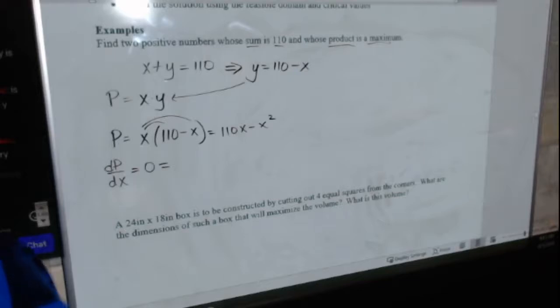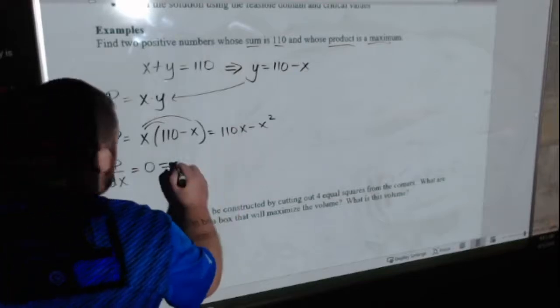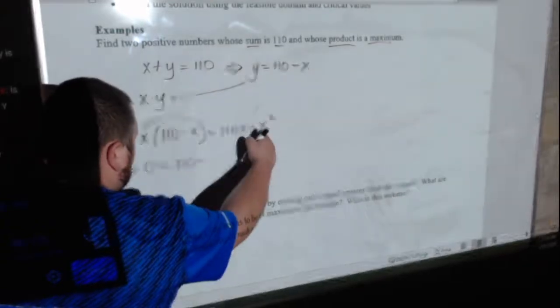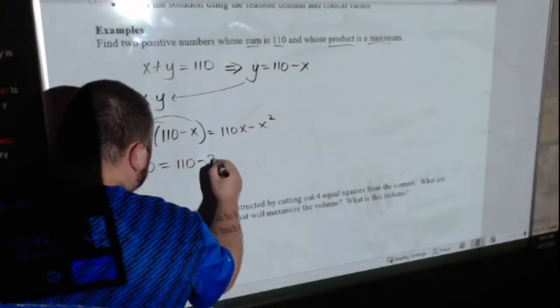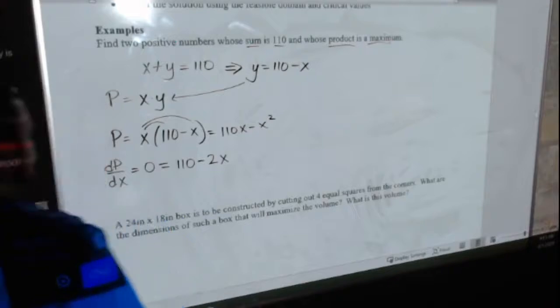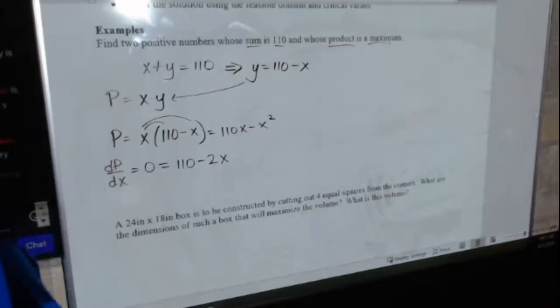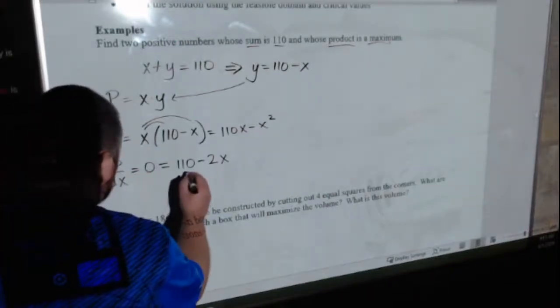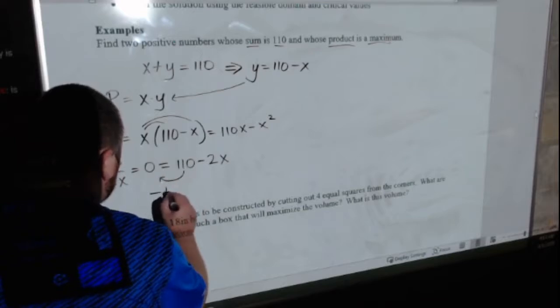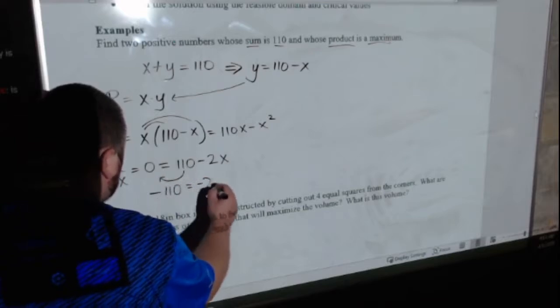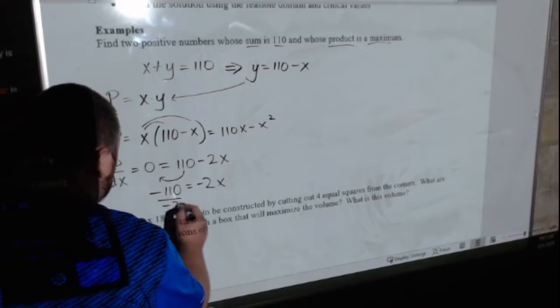And then the derivative of 110x is 110. Derivative of this is going to be minus 2x. Solve this for x. Move this to the other side. And divide by -2.